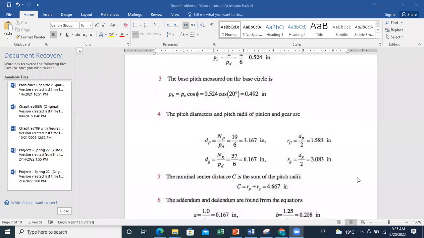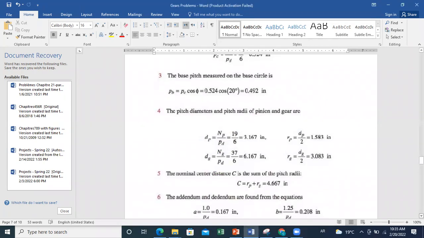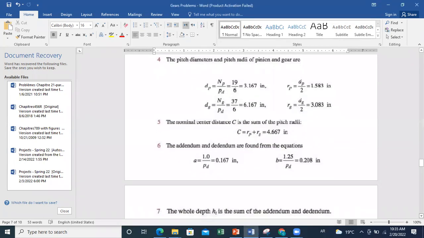Now, concerning the nominal center distance, you know that the distance between centers is the summation of pitch radii. So all you have to do is sum RP plus RG to get the value of your center distance.